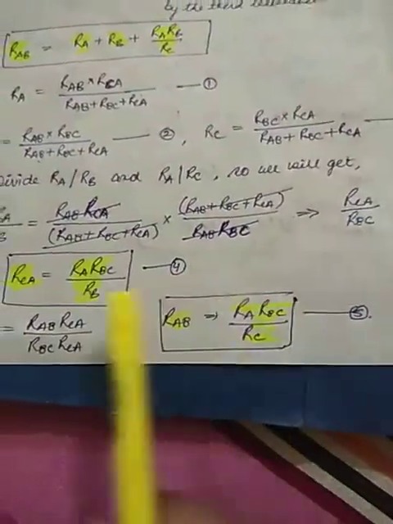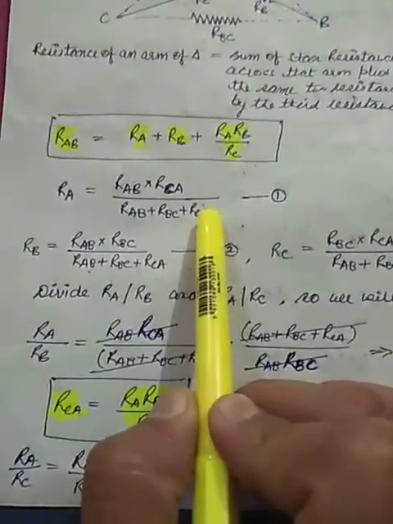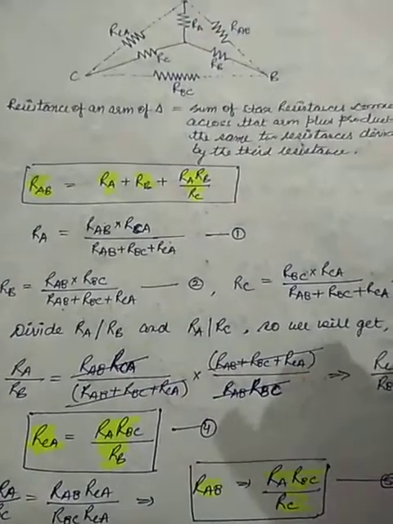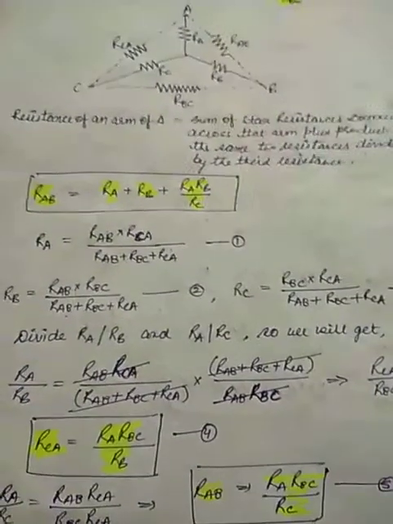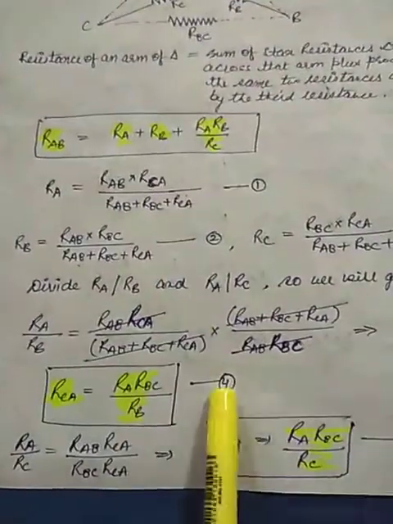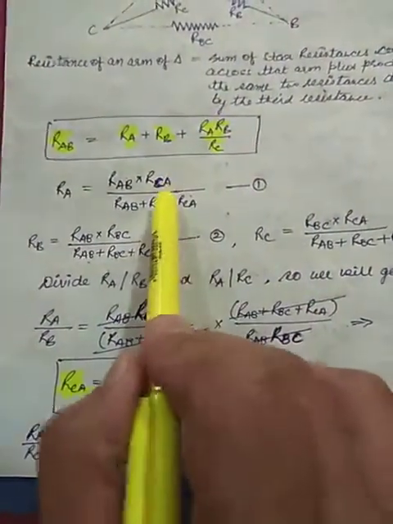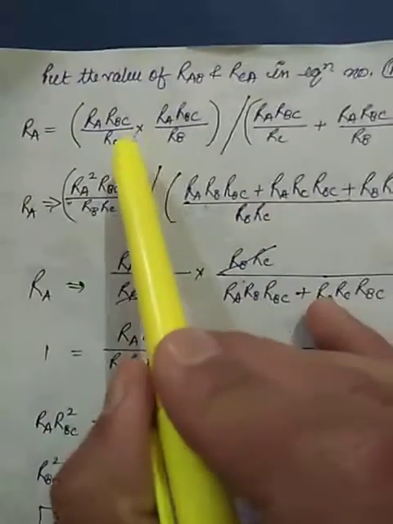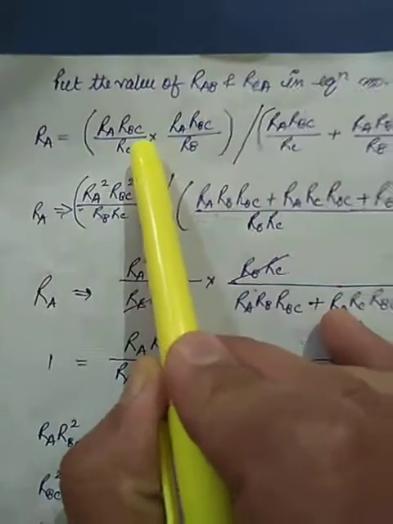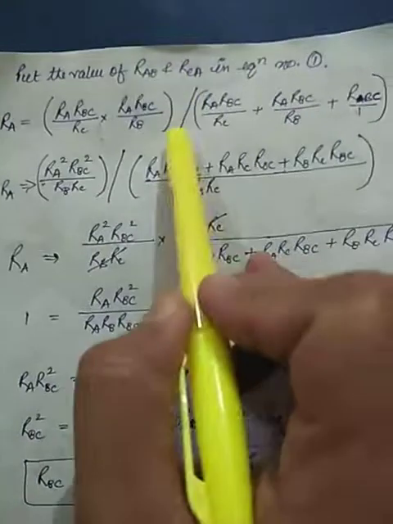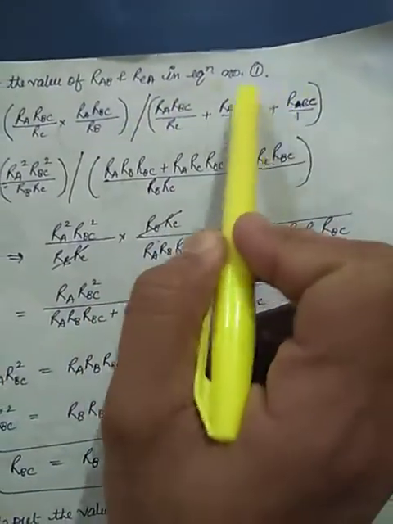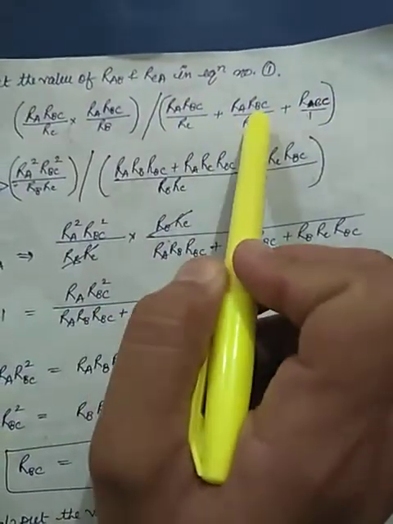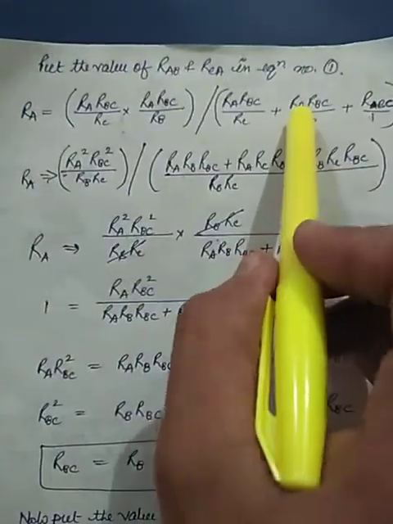These two equations, 4 and 5, the values of RCA and RAB, we will put in this equation. Then we will get the value of one arm of delta. How? Put the values in this equation, RA equal to RAB and RCA divided by RAB plus RBC plus RCA. We have already put the numerator, and this is the denominator term.